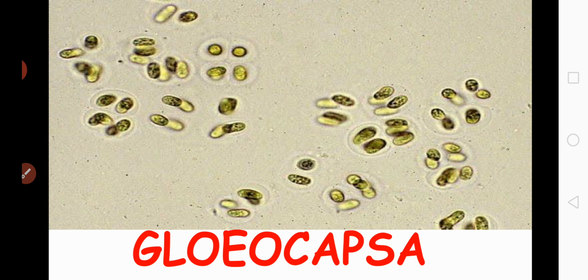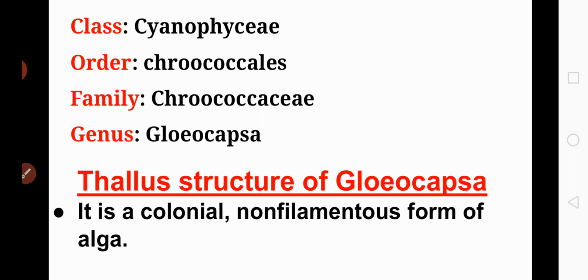So moving on to the third member, Gloeocapsa. It is placed under class Cyanophyceae, order Chroococcales, family Chroococcaceae, and genus Gloeocapsa. The thallus structure is like this.